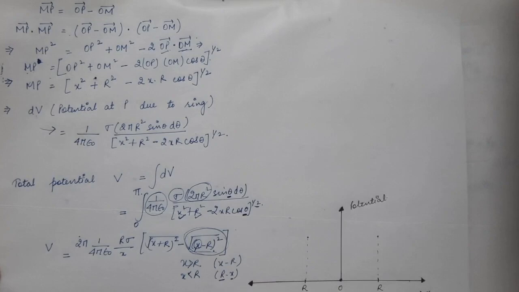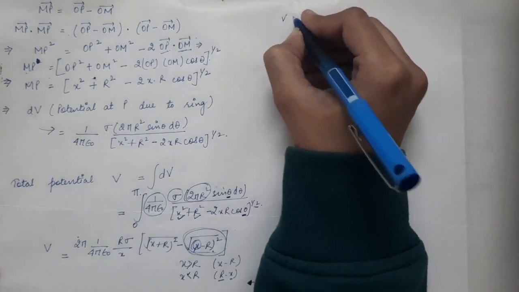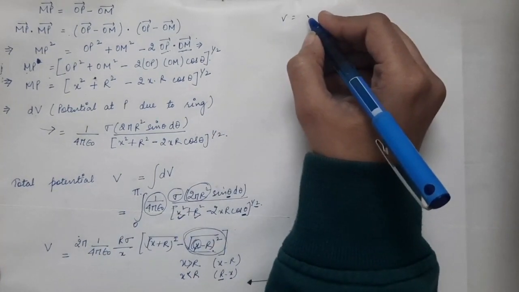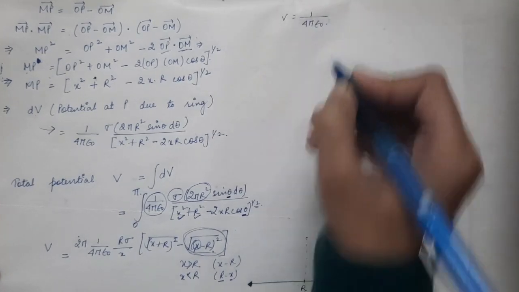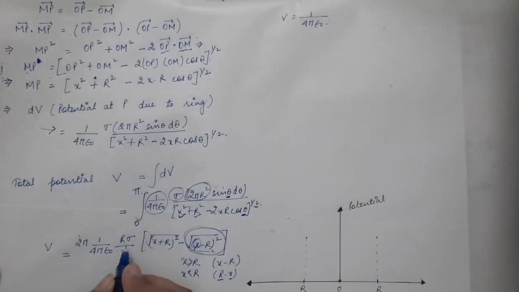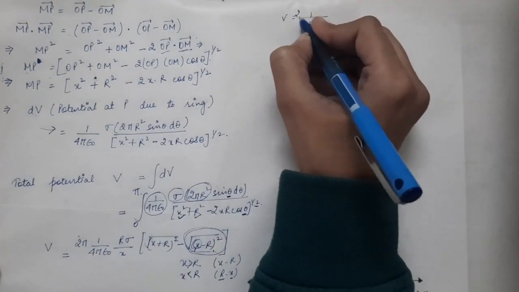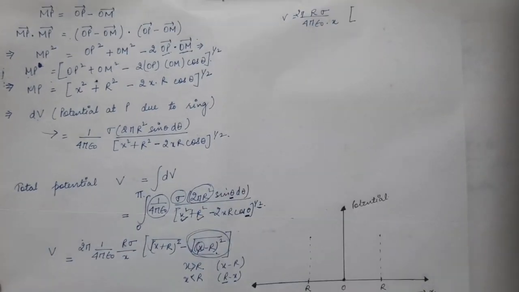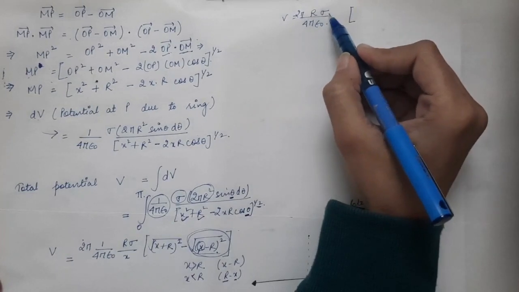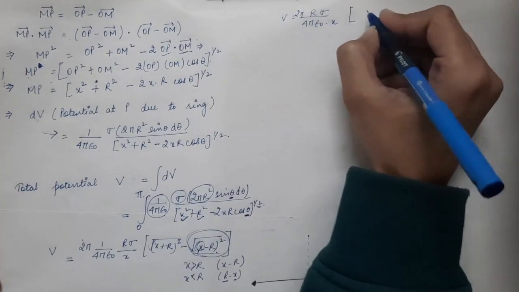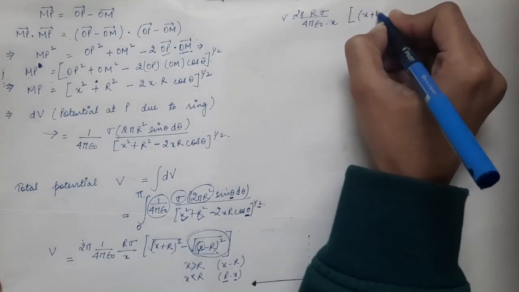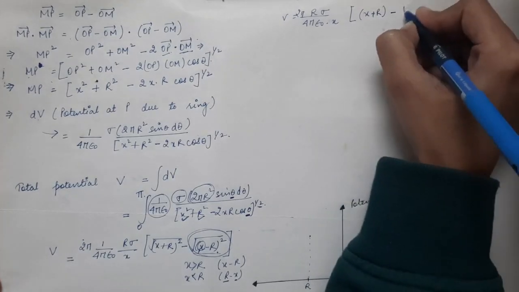So the potential at point P will be equal to 1 by 4 pi epsilon naught. Over here you can write that the potential will come out to be equal to 2 pi r sigma divided by 4 pi epsilon naught x into the bracket x plus r minus modulus.